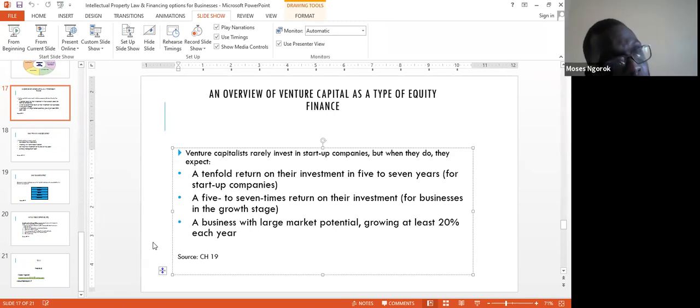So the reason why it's not wise to borrow to grow your business is because, one, you're not yet certain about the cash flow. Are you certain about how much is coming in? Is it regular? Are you able to predict? So you don't have predictable income. You understand?